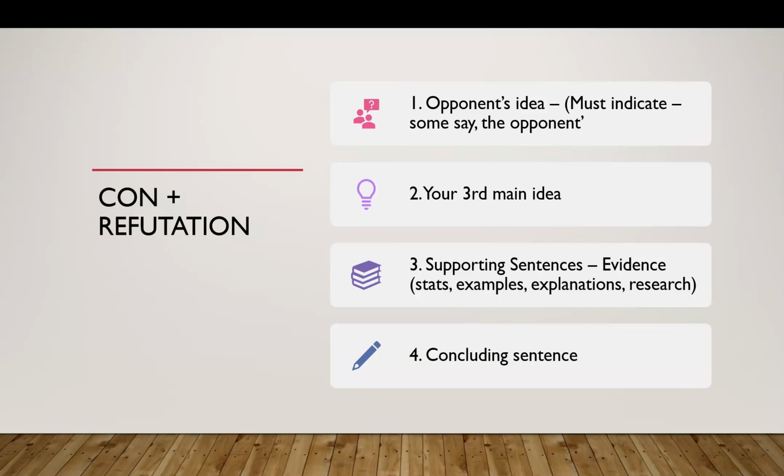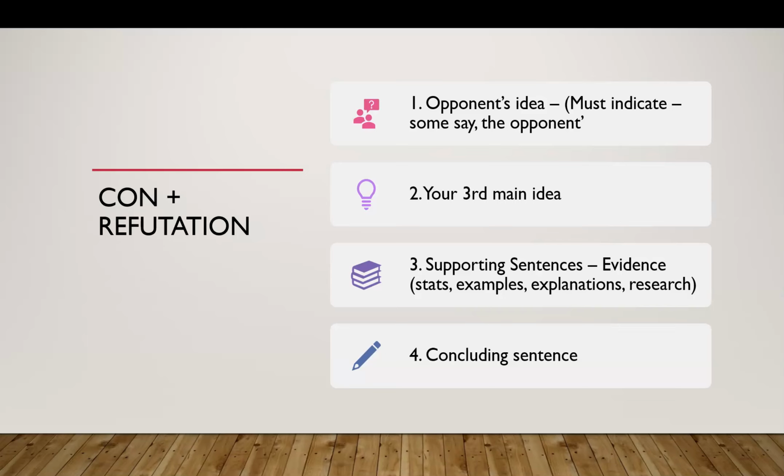The second part of the con plus refutation paragraph is to put in your third main idea, which you have written as part of your thesis statement. Alright? And then, after you have written your third main idea, you need to support it. So the third part is to state supporting sentences.